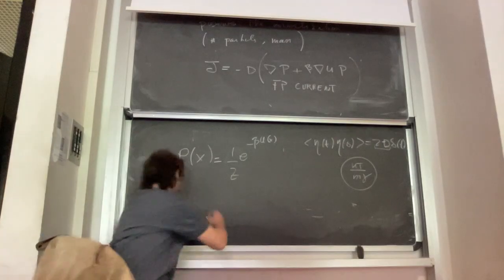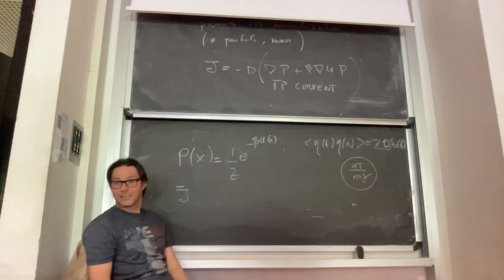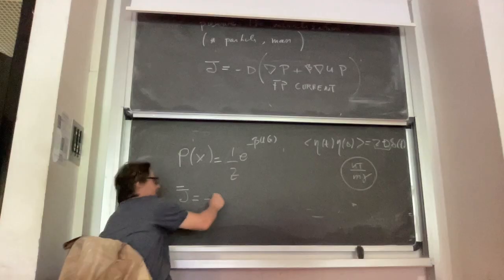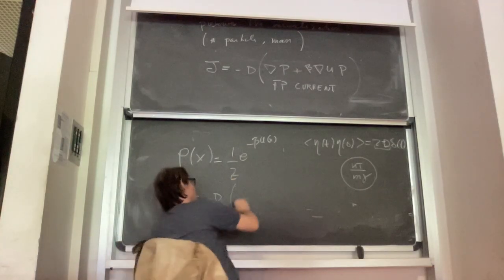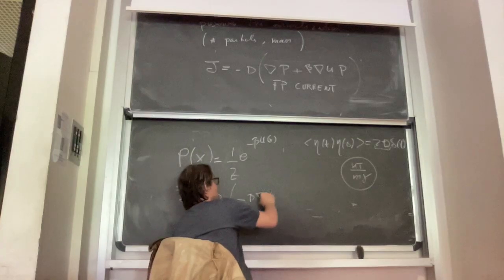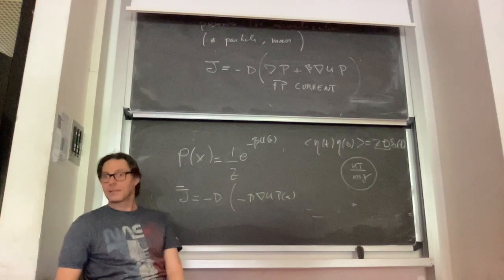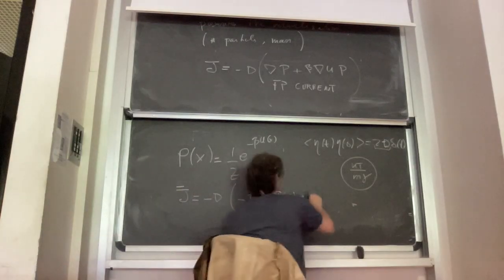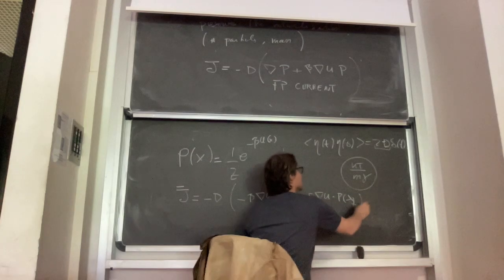So let's compute the current associated to this function. Right? Well, it's negative D, the gradient of this function, which is negative D gradient of beta u times p of x, plus beta gradient of u, this function, p of x.